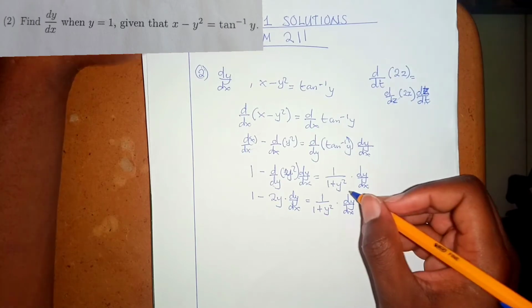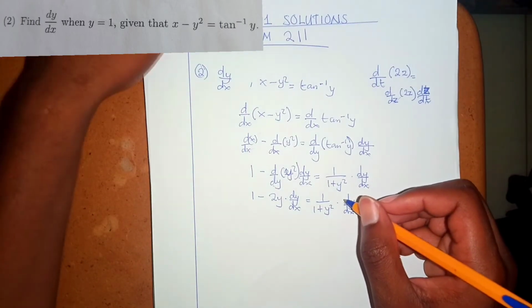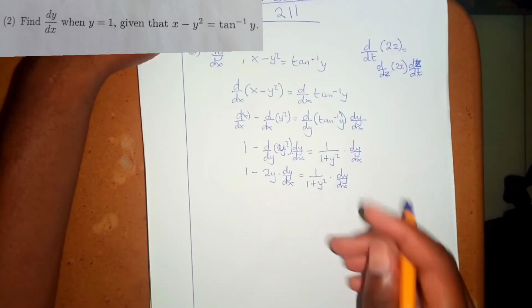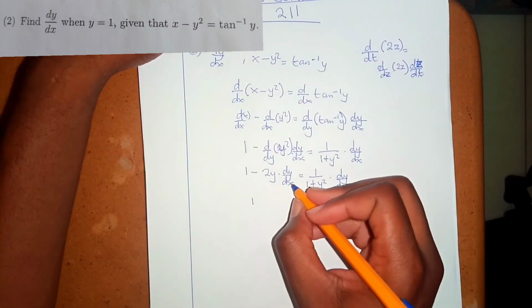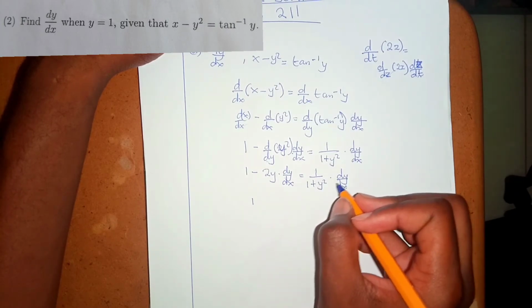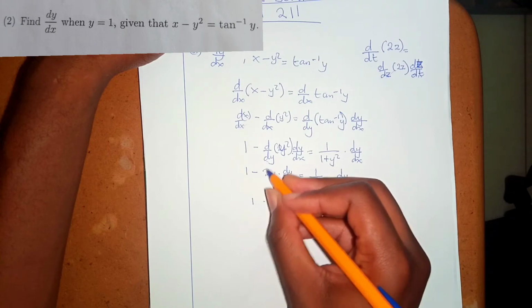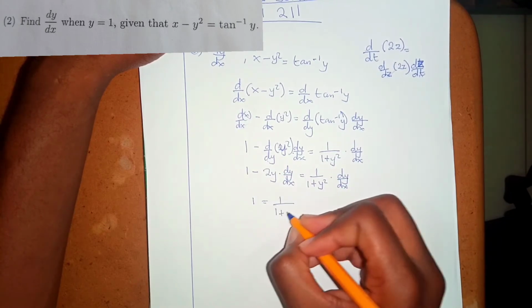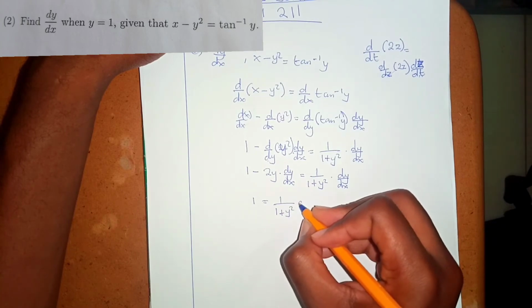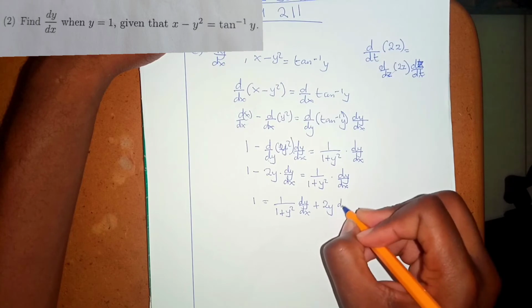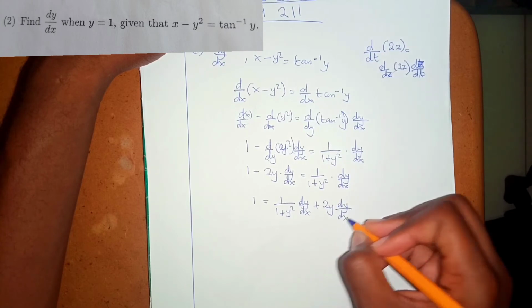So then what we're going to do here is collect the like terms, in terms of dy and dx, so that we can make dy by dx the subject of the formula. When we take this one that side, we're going to have 1 equal to 1 over 1 plus y squared dy by dx plus 2y dy by dx.